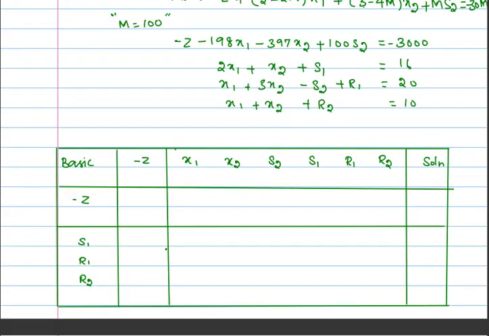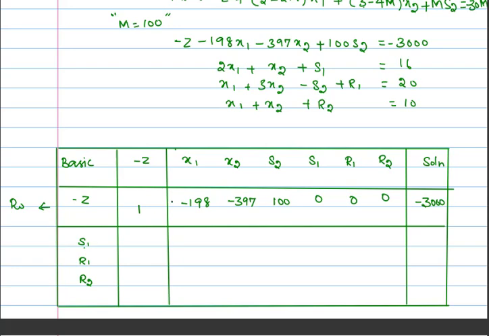Now I fill in the table. The minus z coefficient is 1. This is the 0th row, from the objective. We already know the simplex method, the same idea hereafter. So the x1 coefficient is minus 198, x2 is minus 397, s2 is 100, s1 is 0, r1 is 0, r2 is 0. My right hand side is minus 3000.